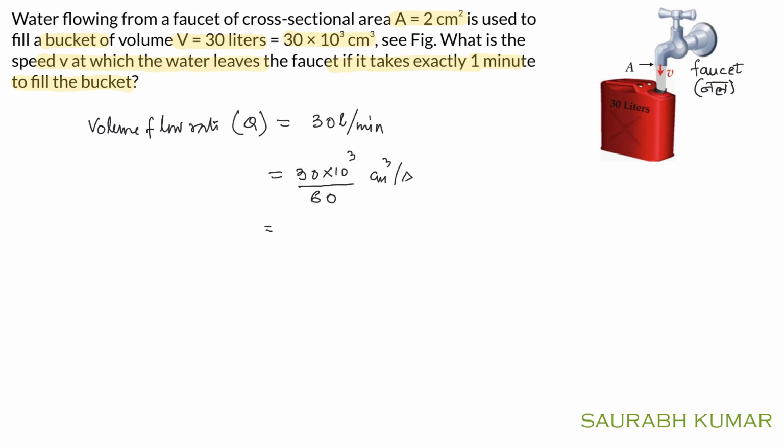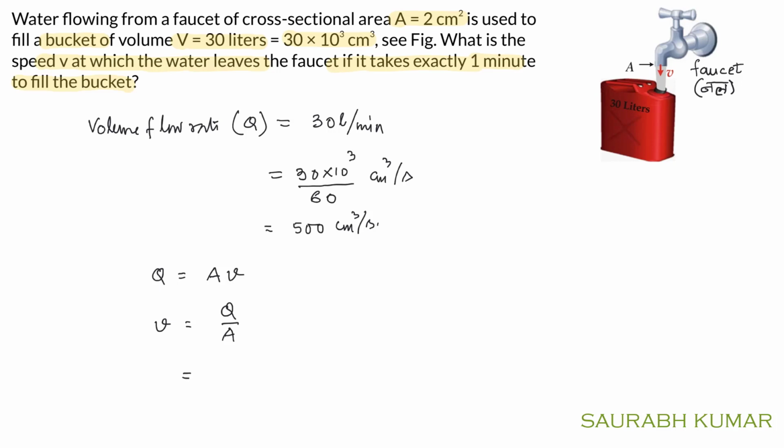So this is equal to 500 centimeter cube per second. As volume flow rate is equal to A into V, now we can find V because the area of cross section is given.